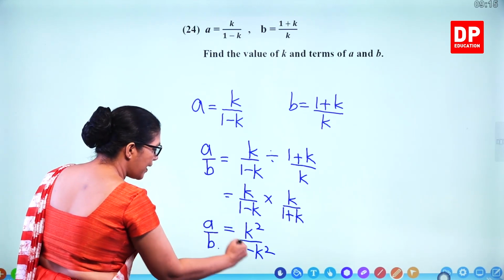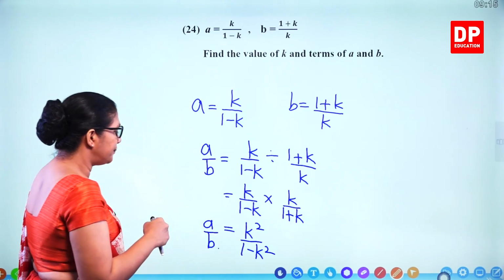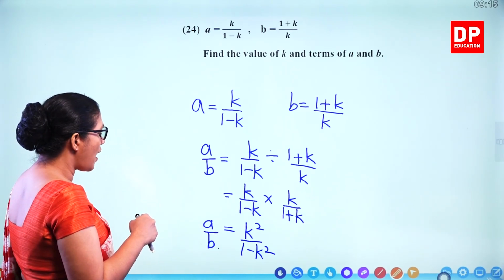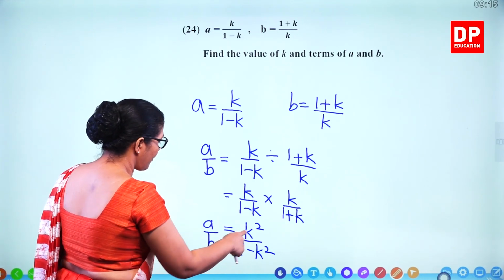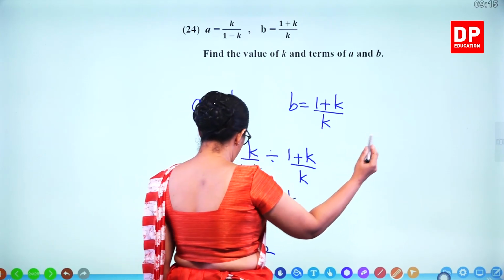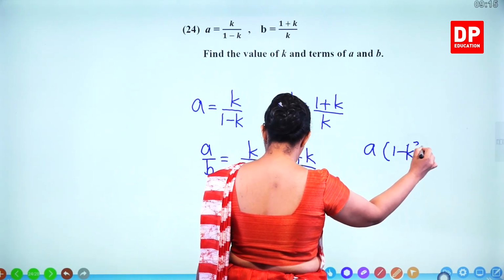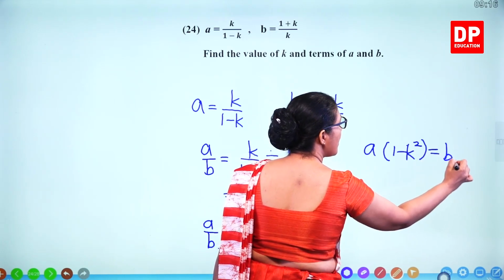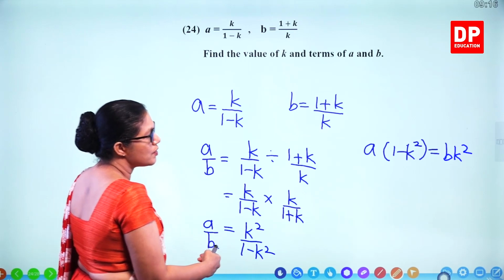Now cross multiply because we need k squared. So k squared, how you get? We'll cross multiply. A into 1 minus k squared is equal to bk squared. This into this. Now simplify.